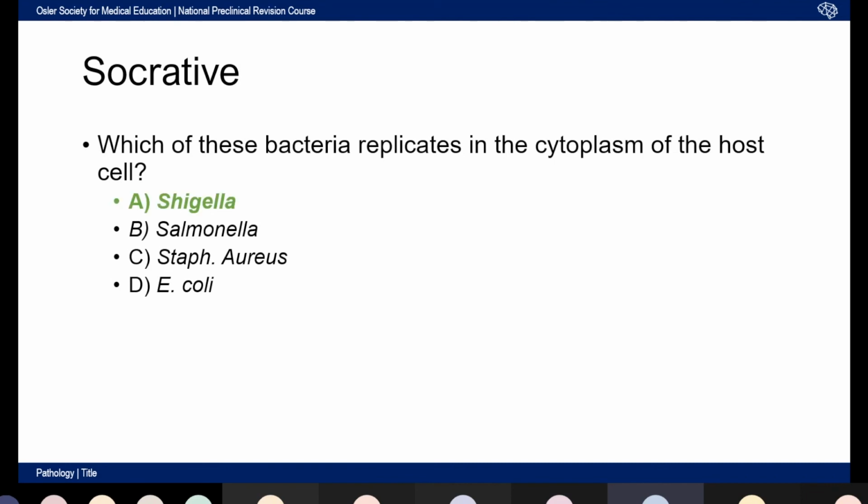So both Shigella and Salmonella are intracellular pathogens, so Staph aureus and E. coli are extracellular. But Salmonella survives and replicates inside the phagosome, whereas Shigella escapes from the phagosome into the cytoplasm, and that's where it survives and replicates.